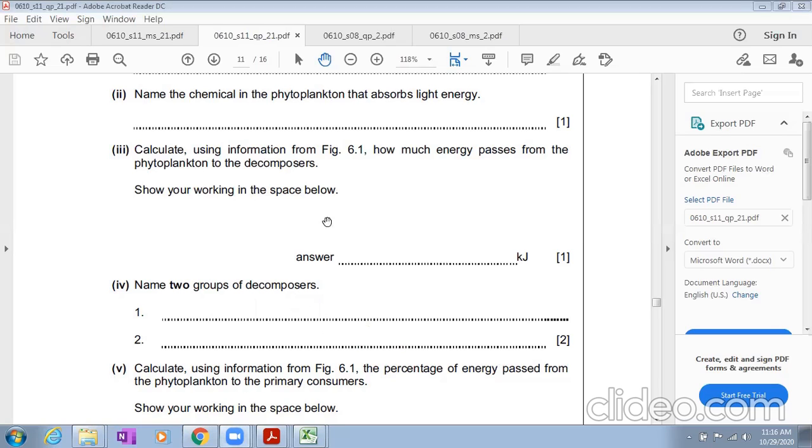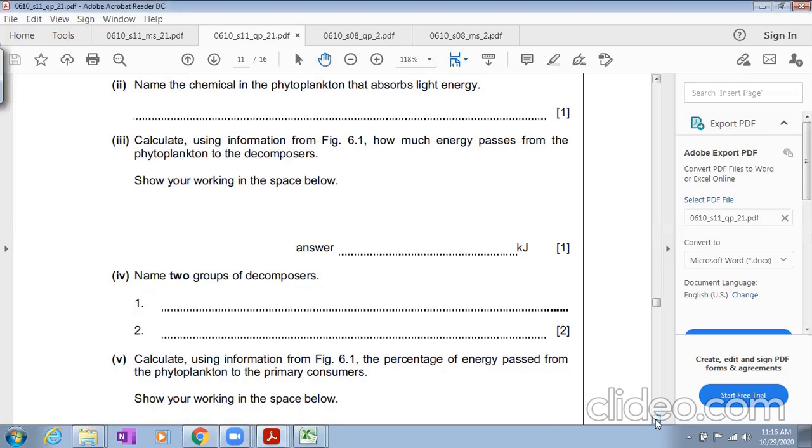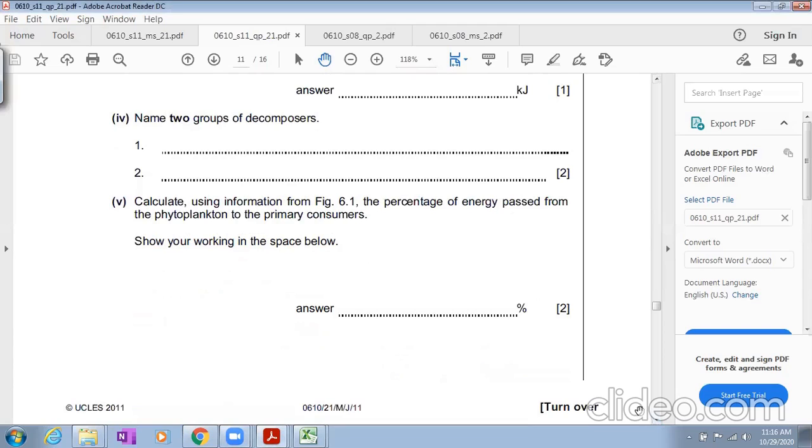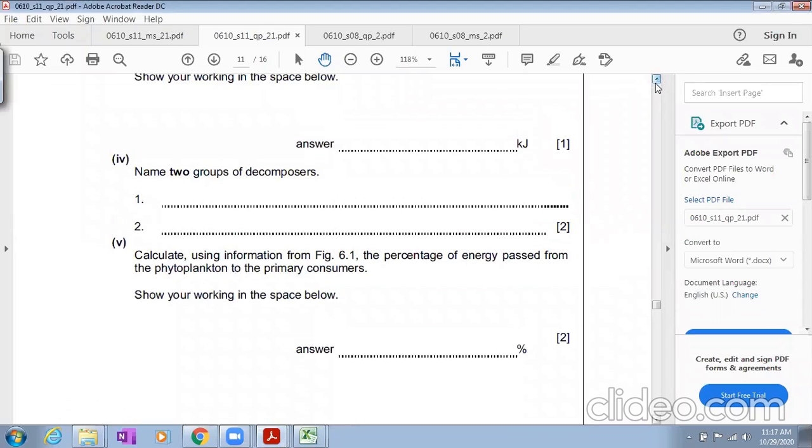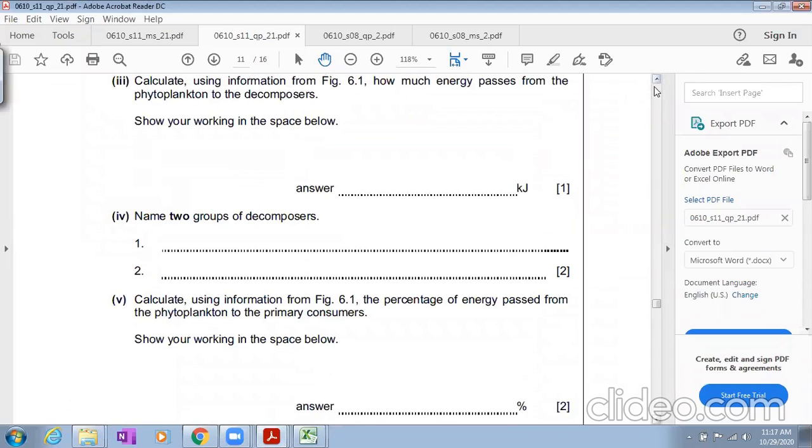Study the question very carefully. Calculate, using information from figure 6.1, the percentage of energy that passes from the phytoplankton to the primary consumer. Let's go back to the energy values.